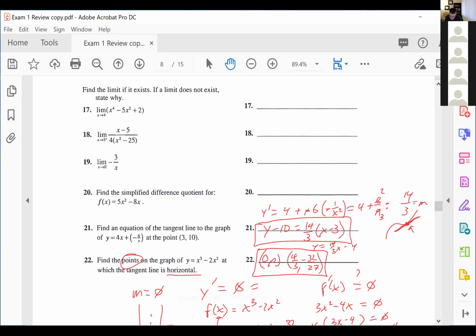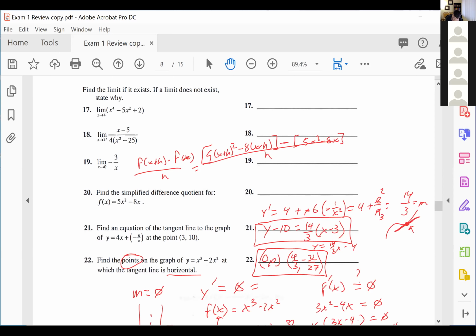So the difference quotient is f of x plus h minus f of x all over h. Let's see what we got here. So this is going to be 5 times x plus h squared minus 8 times x plus h minus f of x, which is just my original function, 5x squared minus 8x. And then it's all over h.